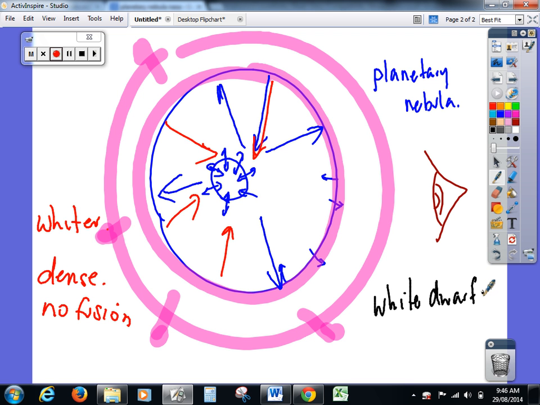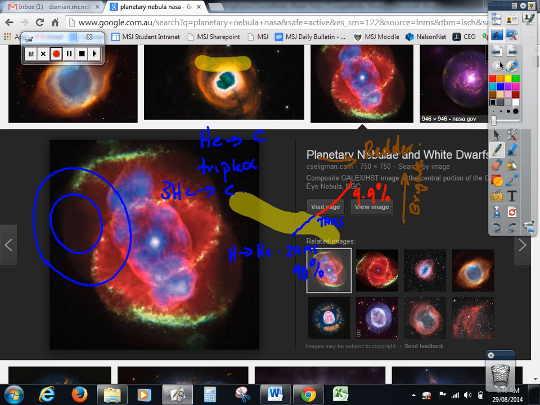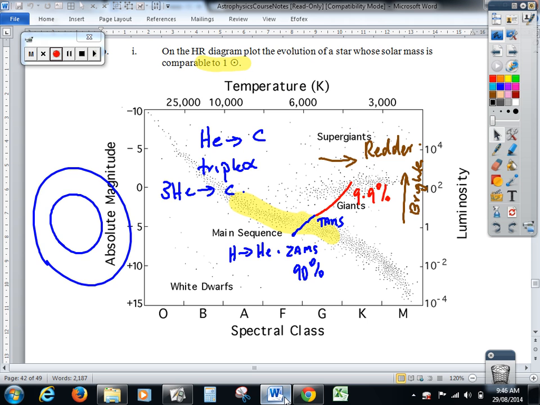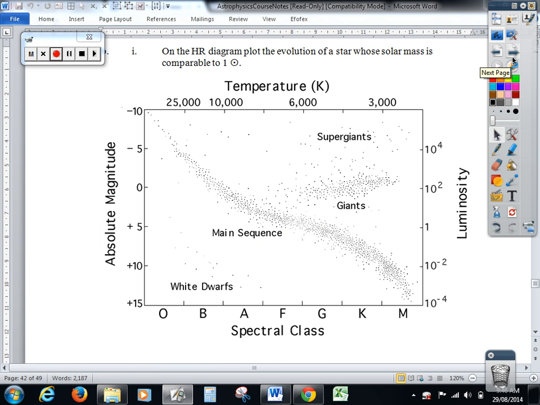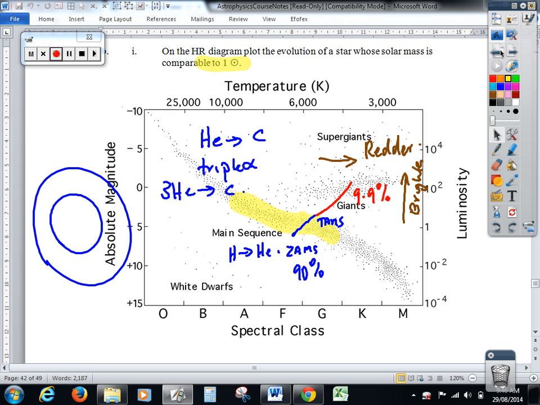Okay, so that's our process. So what's its evolutionary track? Its evolutionary track would be, so we're going back to here.